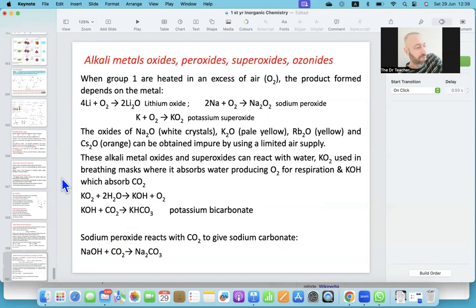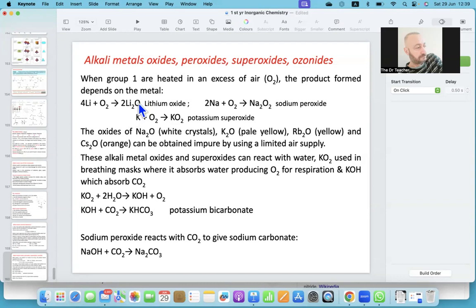Alkali metals form oxide, peroxide, superoxide, ozonides. All of them, when heated with air, produce oxidated metal, and the lithium oxide is Li2O. Why O?